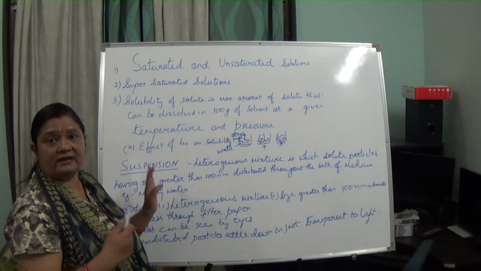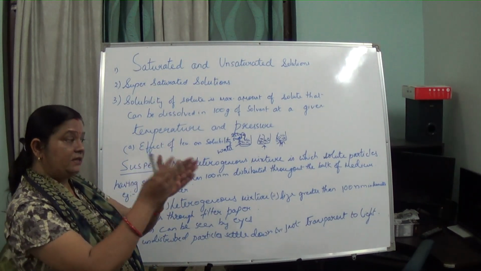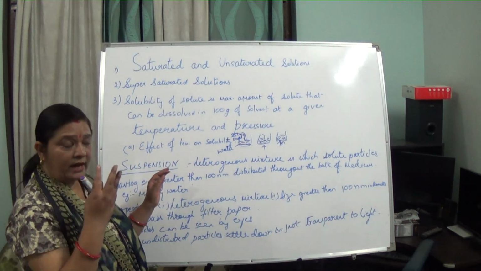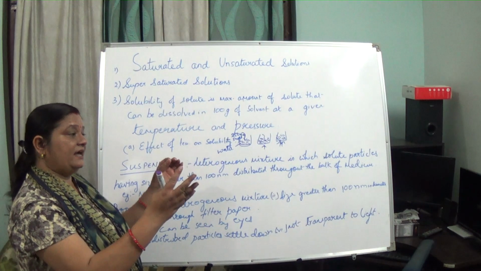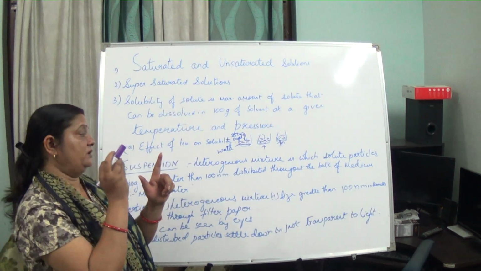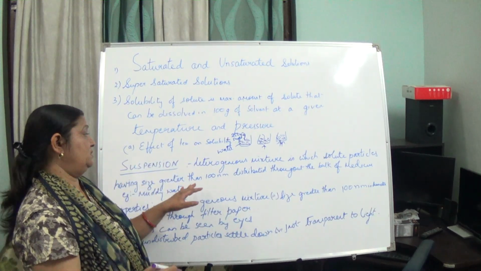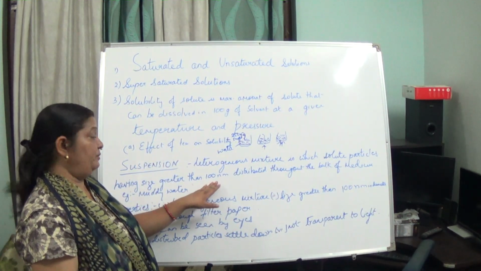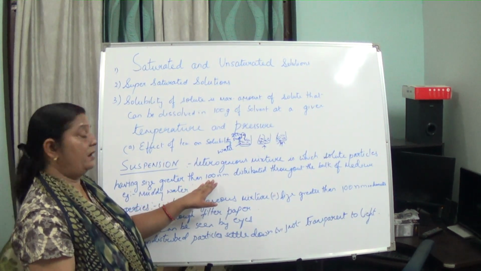You can say sand and water also. You can see the sand particles in the water with your own eyes. You can differentiate: here sand is present, here water is present. It means it is a heterogeneous mixture, and its particle size is more because it is greater than 100 nanometer.